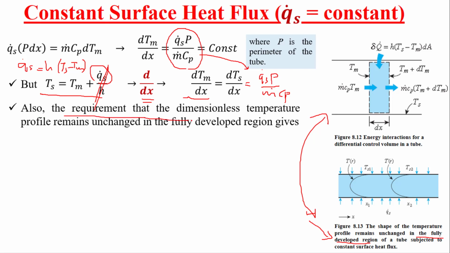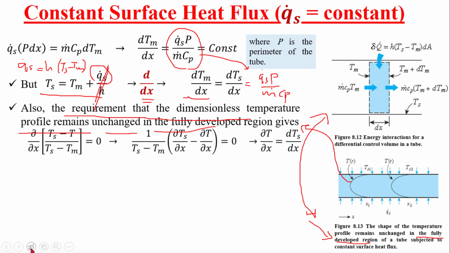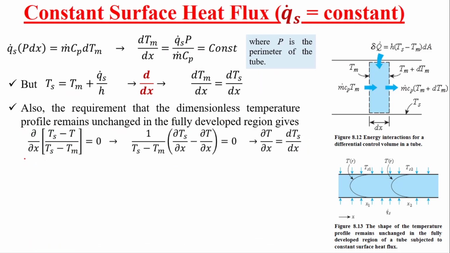Also, there is the requirement that the dimensionless temperature profile remain unchanged in the fully developed region. This profile remains unchanged, remains constant. We saw this relation earlier when we talked about how this T in the fully developed region remains unchanged.